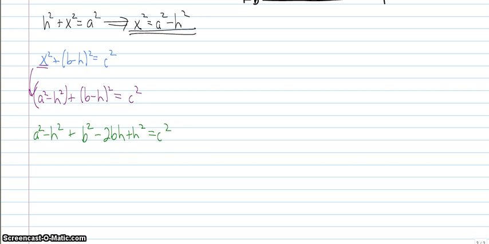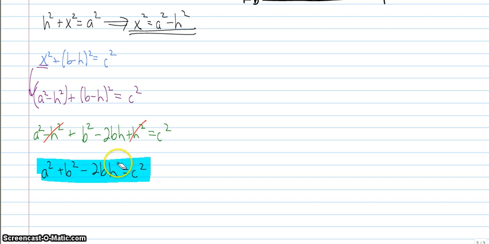Using a little bit of algebra to simplify, I see that we have a positive and a negative h squared, and I'm left with a squared plus b squared minus 2bh equals c squared.